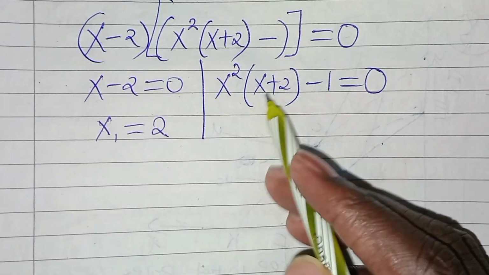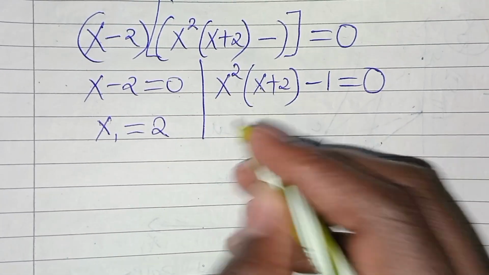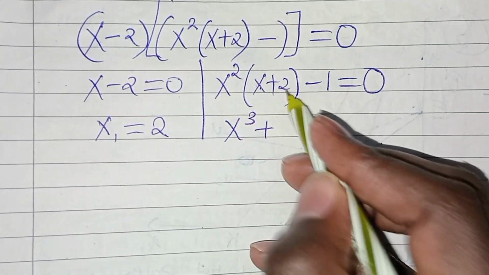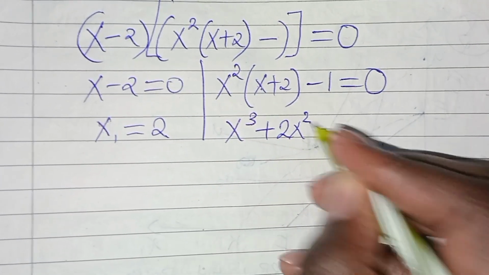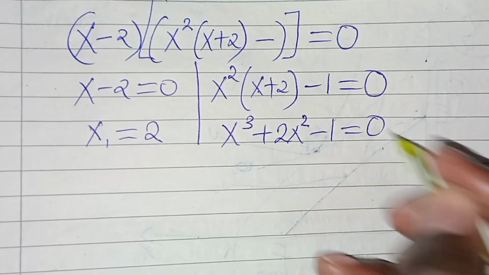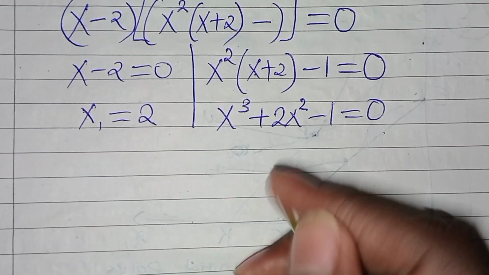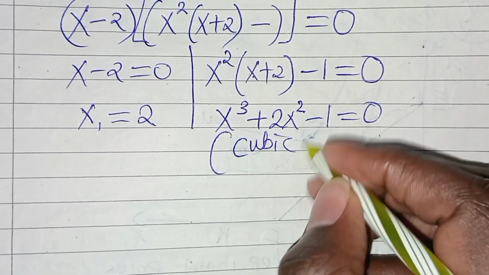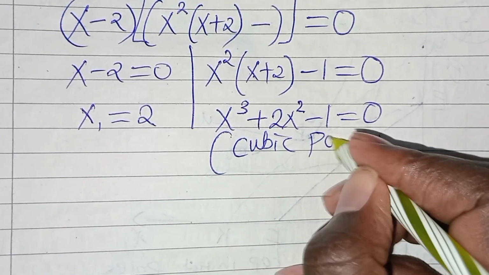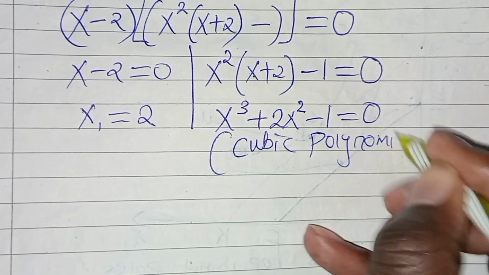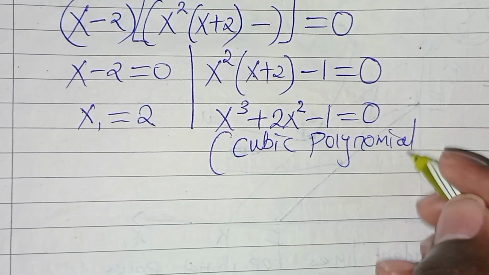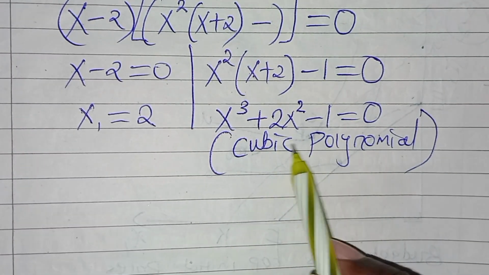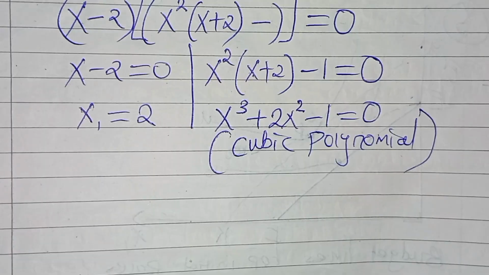Now, the next part here, we have x squared times x, which is x cubed, plus x squared times 2, which is 2x squared, subtract 1, equal to 0. Now, this is a cubic polynomial function, a cubic polynomial of degree 3. To solve this cubic polynomial, we can apply different methods.